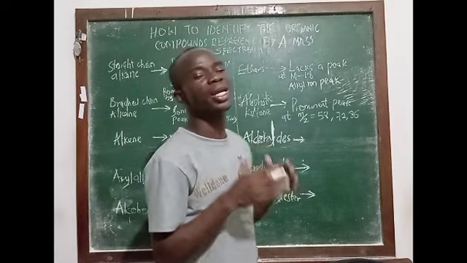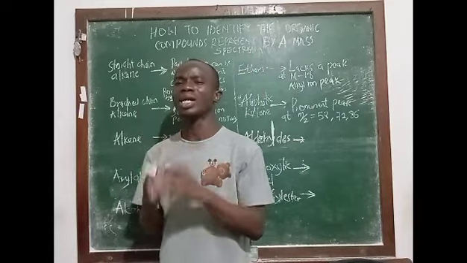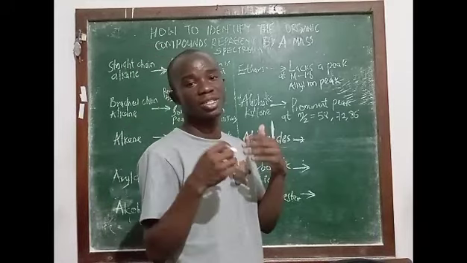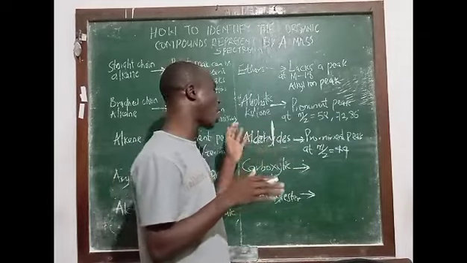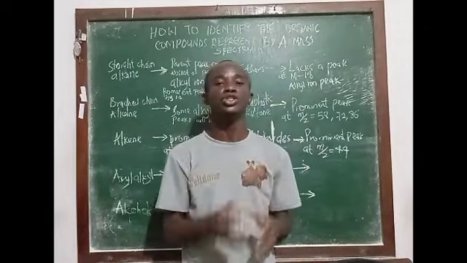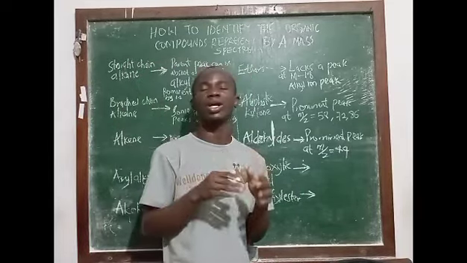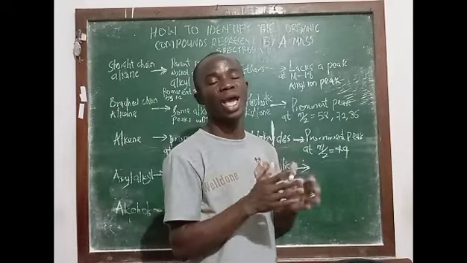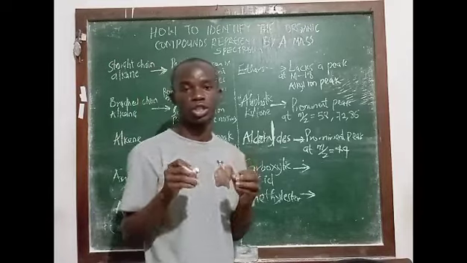For aldehyde, when an aldehyde compound also undergoes McLafferty rearrangement, it produces a prominent peak due to this rearrangement at 44. Now, this does not change for an aldehyde because the aldehyde functional group is usually terminal. That is, the position does not change, unlike what you have in ketones, where the position of the functional group can always change.